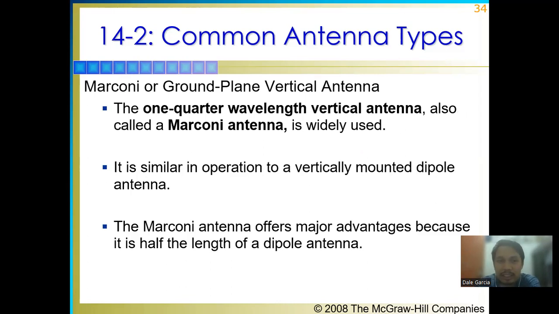Those are the last names of the forerunners of our field, the field of telecommunications. So we have the Marconi antenna, or the quarter wave antenna. Marconi, ground plane vertical, or quarter wave vertical antenna. And almost all of the time, when we say Marconi, it is a vertical kind of antenna.